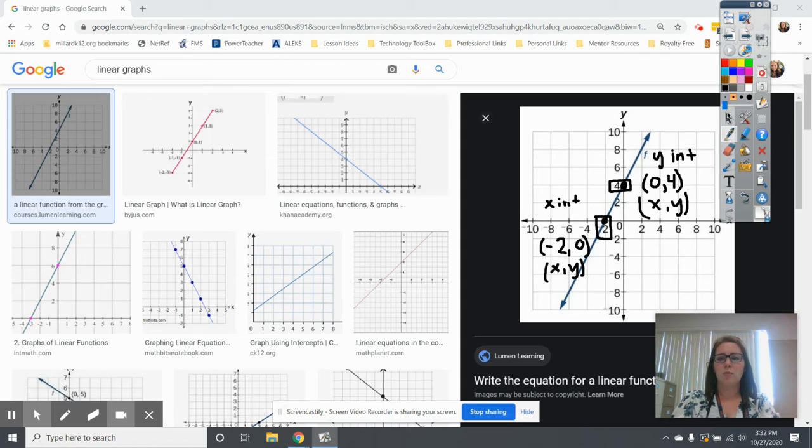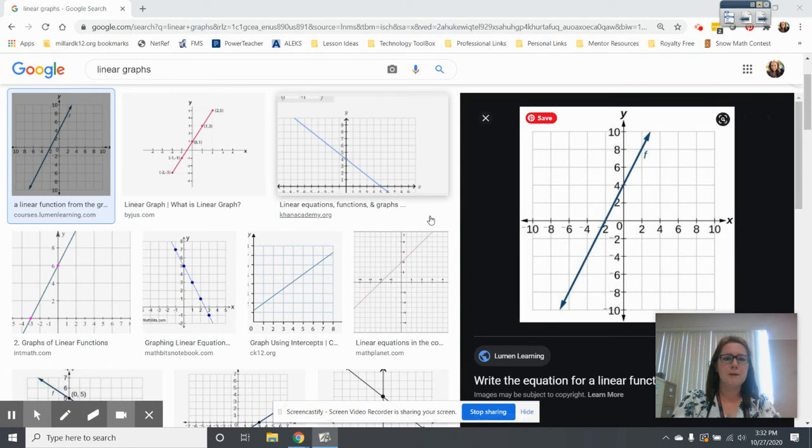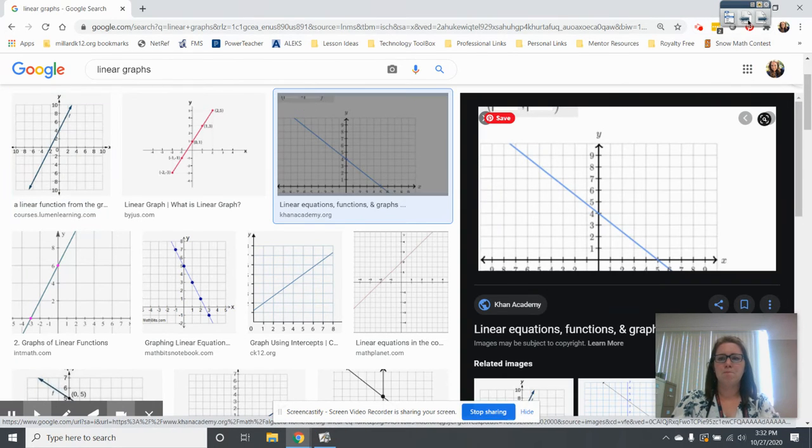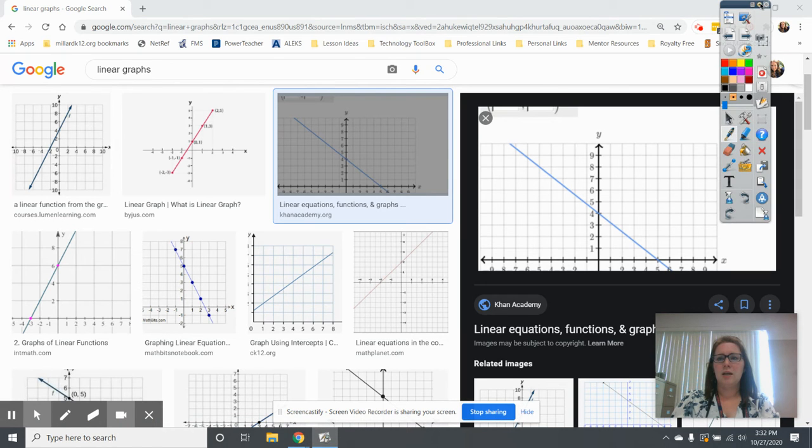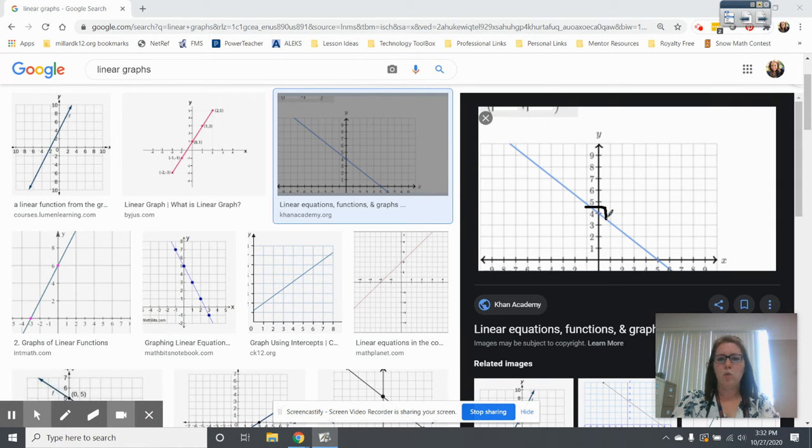Let's just take a look at one more, just so you can see. How about we look at this one? And again, our intercepts here. Here we have a y-intercept of 4, so 0, 4. And here we have an x-intercept of 5, so 5, 0. And we can do the reverse. Here we were given a graph and told to find the intercepts.